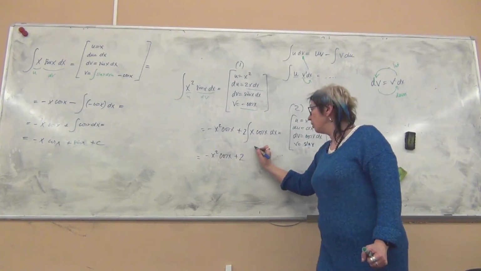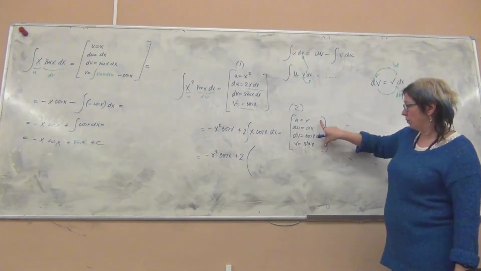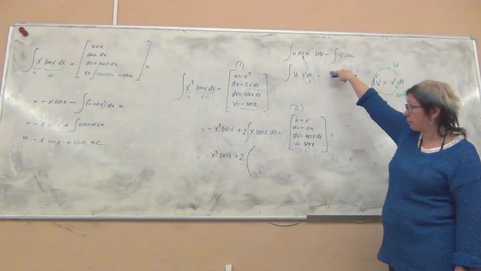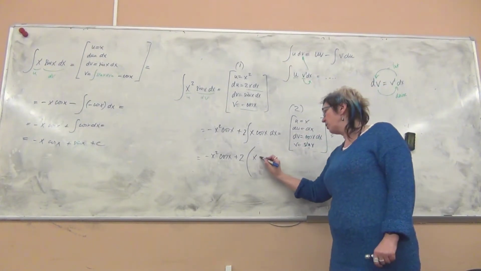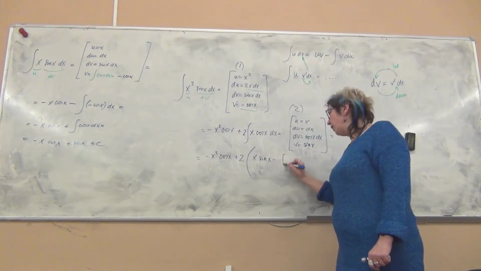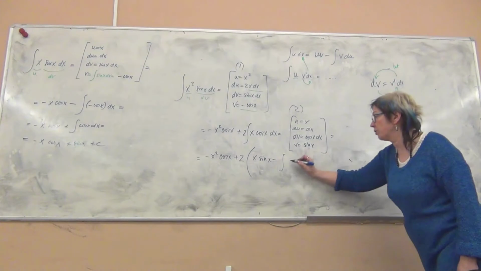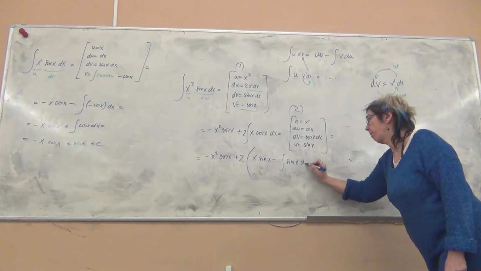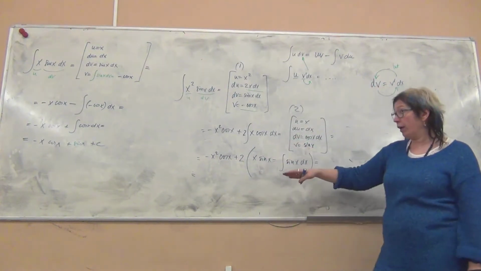plus 2 times. Now this integral has to be resolved using this. uv, x sine x, minus integral v du. Aha, sine x dx. And now finally I'm writing it below again.